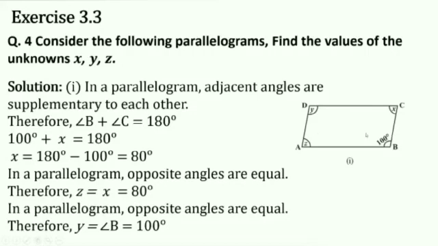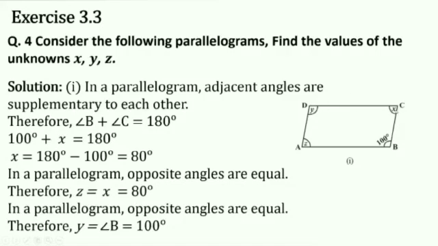Now we also know that the opposite angles of a parallelogram are equal. Angle B is the opposite angle of D. So here the value of y is equal to 100 because angle B is 100 degrees and y is on the opposite side of B. So the value of x we are getting is 80, y is 100.